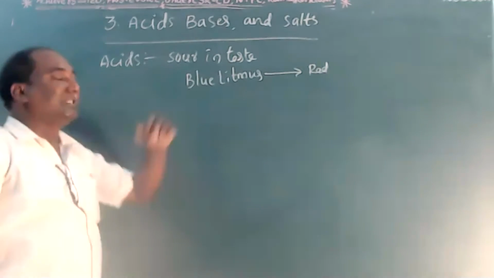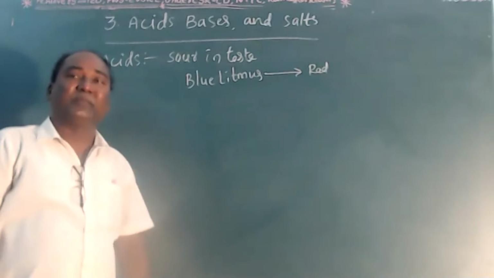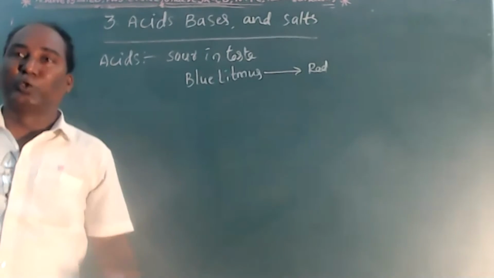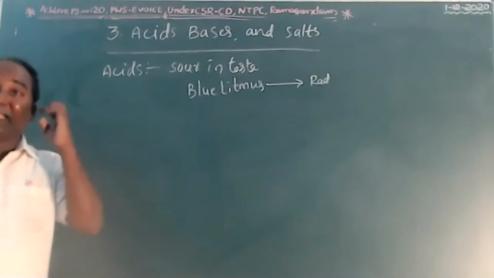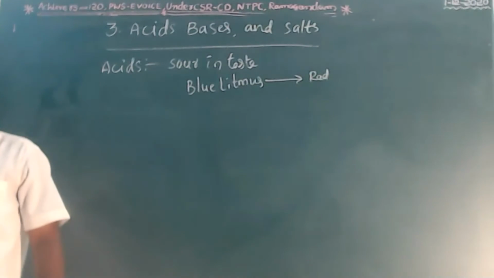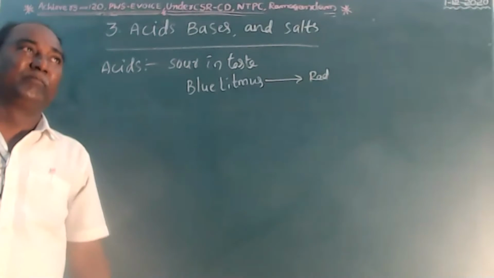They turn blue litmus into red. And some examples of acids: sulfuric acid, H2SO4, nitric acid, HNO3, hydrochloric acid, HCl. These are some of the examples of acids.